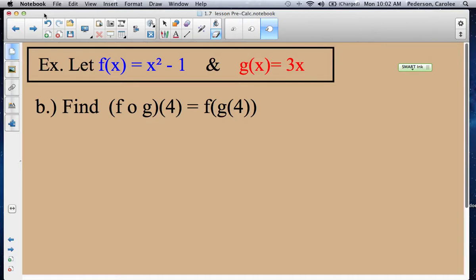What are we going to start with? We're going to start with the number 4, the innermost parentheses. And now we're going to evaluate the g function. Go backwards. So this number 4 is going to replace the x.